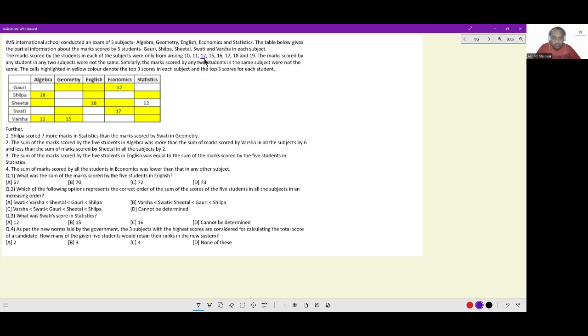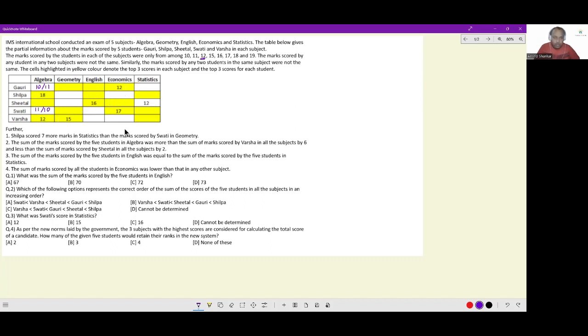12 is the third lowest score. For algebra, if 12 is among the top 3 scores, then the 2 other scores lower than 12 will only be 10 or 11, correspondingly 11 or 10.